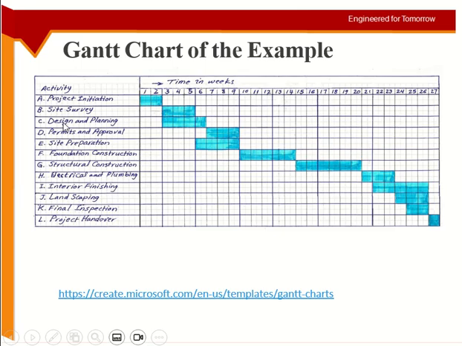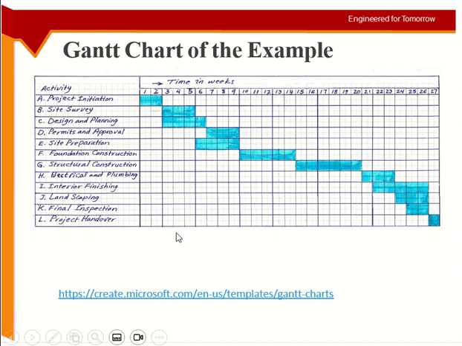Let's say C depends upon B, then C will be shifted 3 weeks forward because I have to wait for B to finish. So you are miscalculating the duration of the project by 3 weeks, which is a lot. This one mistake can cost you weeks of delay.